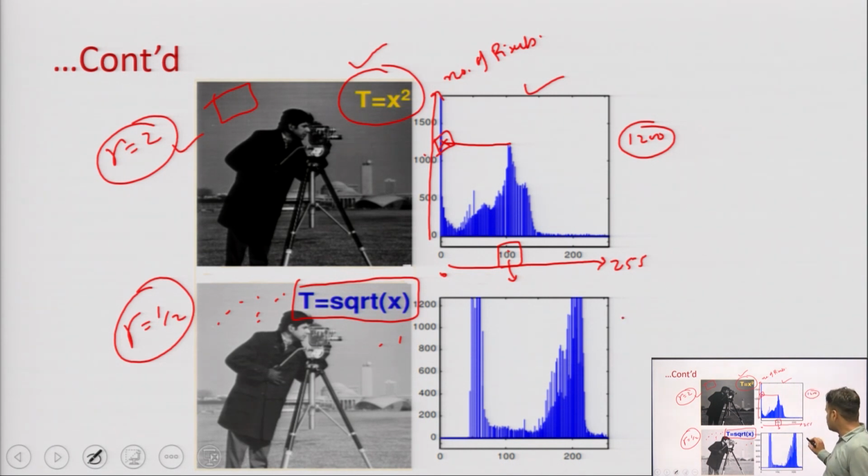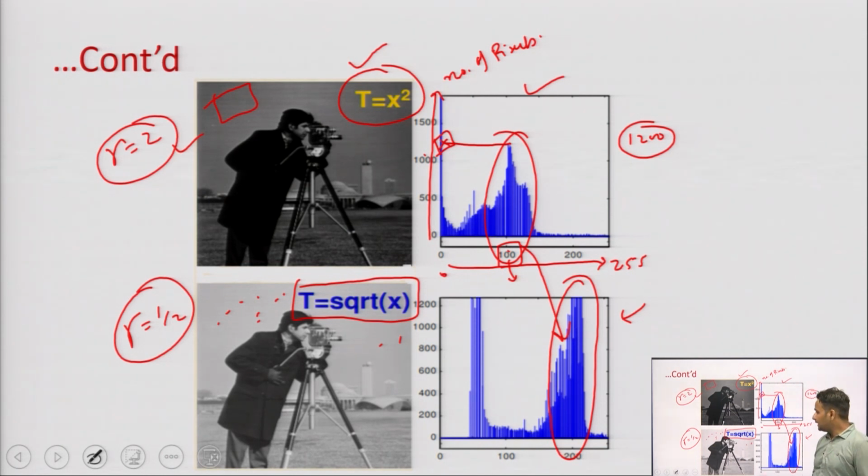You may also observe the histogram: many values have the 200 level instead of this, so it is shifted toward this one. That gives the idea of gamma from 2 to 1 by 2. So if gamma correction is used, you may observe that type of phenomenon.